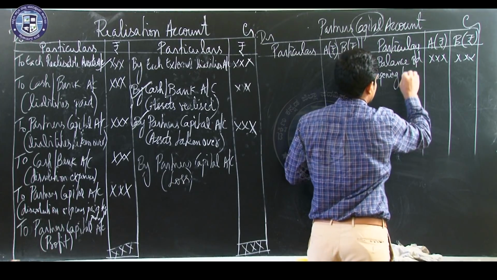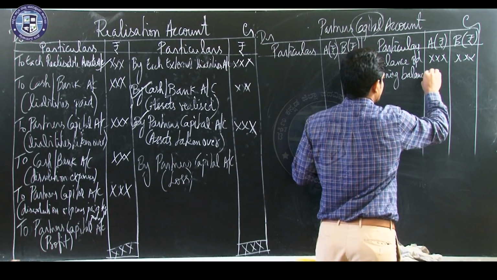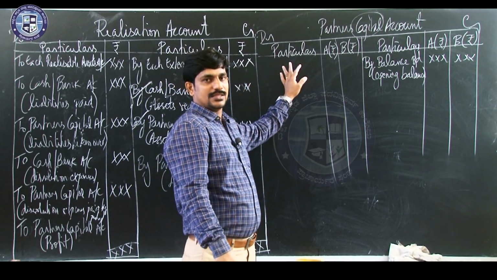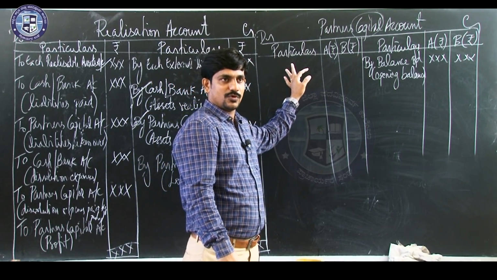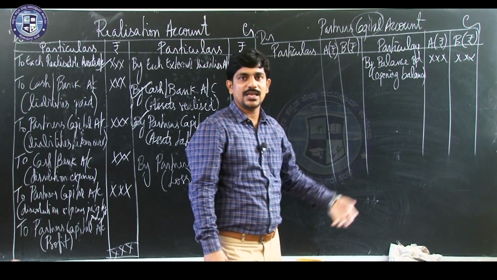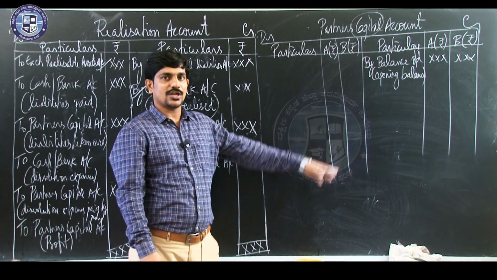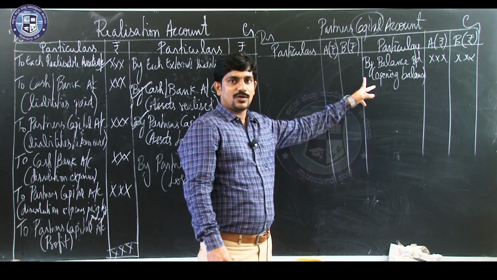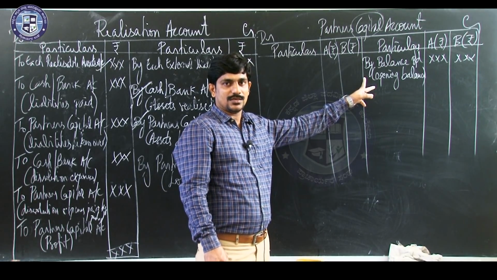In case a debit balance is there, then you have to record it under the debit side, but most of the time you will get a credit balance only, as capital will be given under the liability side. So, your liabilities show a credit balance, so you need to record the capital amount on the credit side.